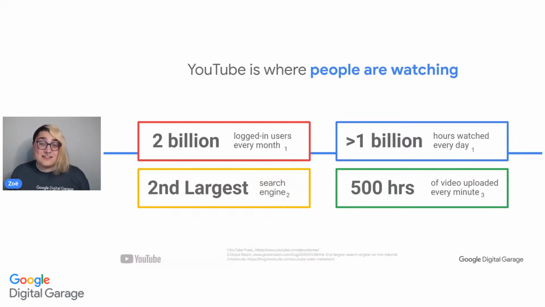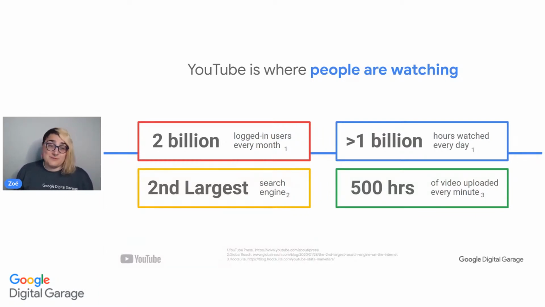So, 2 billion users a month, 1 billion hours a day. We are watching and consuming a lot of content, which is good because we're uploading 500 hours of video every single minute. And like I mentioned before, YouTube is actually the second largest search engine after Google, as in when people want to find out something, when they want to learn a skill or find out how to do something, more often than not, they're coming to YouTube.